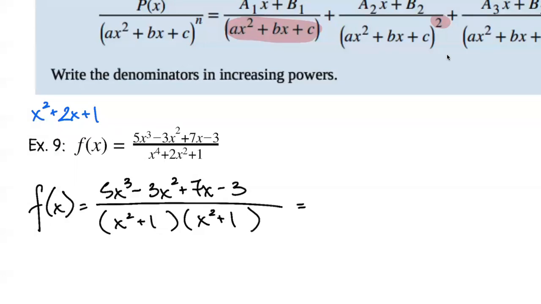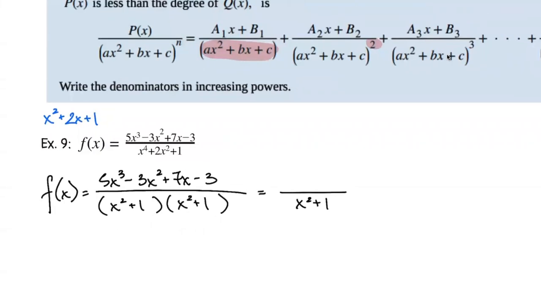When we set up our partial fractions, we're going to have x squared plus 1 as one of the denominators. What's the second denominator going to be? X squared plus 1 squared.